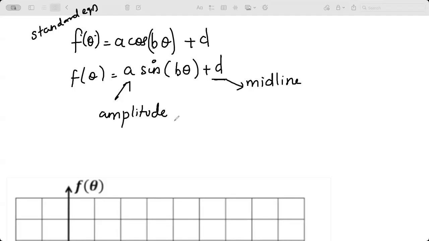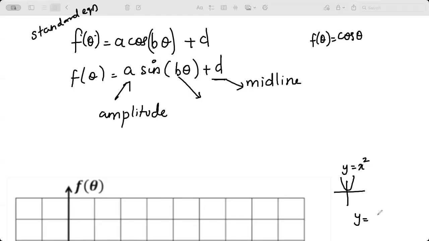Now, what is this B? All the while, for a common cos theta function, f of theta equal to cos theta, we did not consider any transformation, just like a parent function. Remember our y equal to x square? Then we brought in so many things.